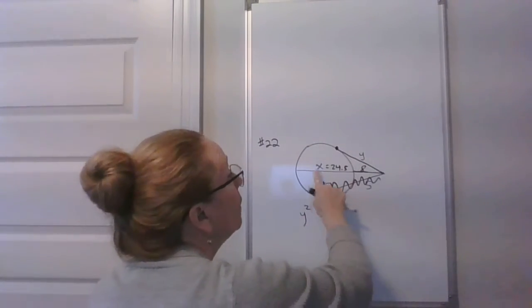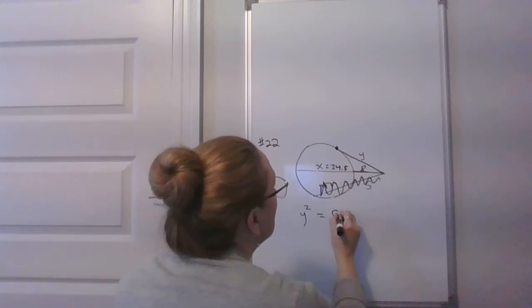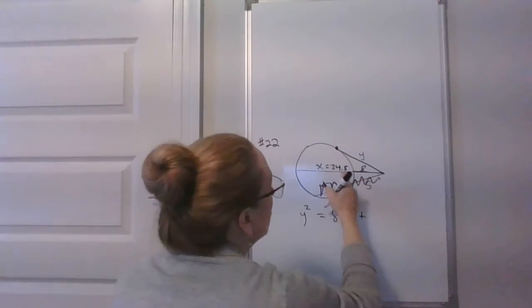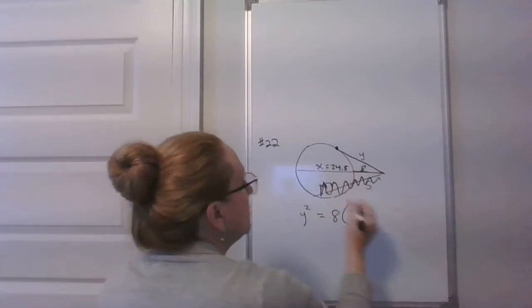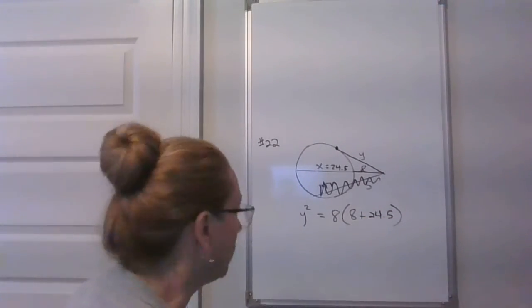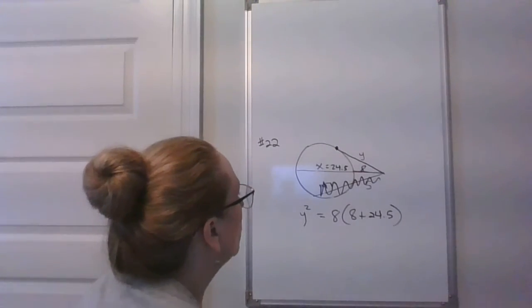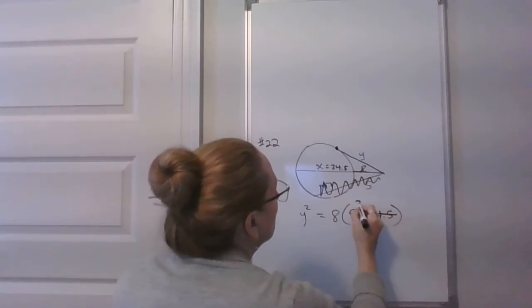Tangent squared. For the secant, we follow the pattern that we've been doing, 8, and then 8 plus whatever the rest of the secant is. So 8 plus 24.5 now, now that it's not an x anymore. So we can add 32.5 in here.